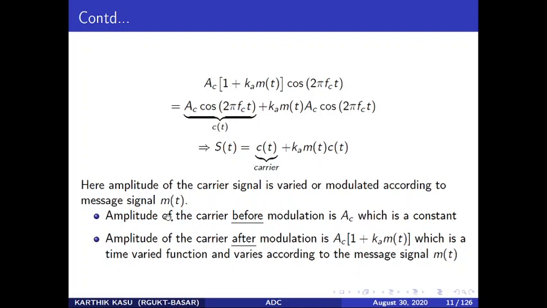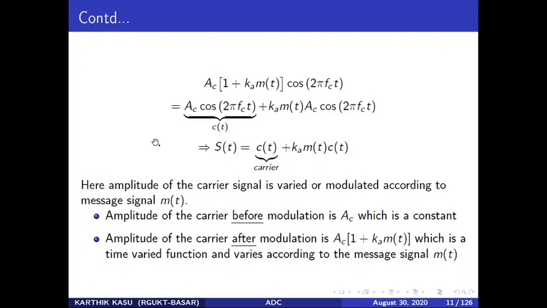Before that, these are two very important points. What are they? The amplitude of the carrier before modulation. What is that? Ac. This is the carrier we have taken, isn't it? The carrier c of t equals Ac cos 2 pi fct, whose amplitude is Ac, which is constant.